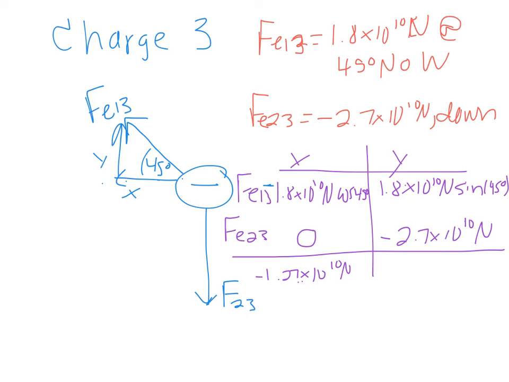And this is negative 1.43 times 10 to the 10th newtons. Both of these components are negative, so I've got a negative x component and a negative y component. This was the 1.2 times 10 to the 10th newtons, 1.4 times 10 to the 10th newtons.